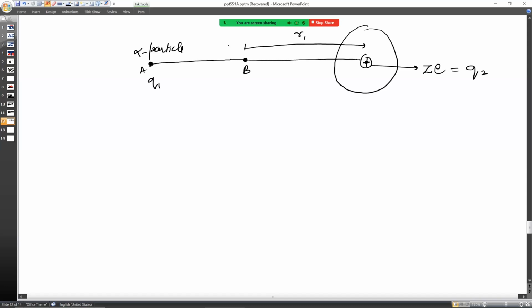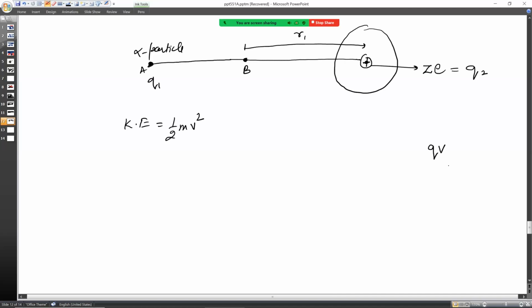Here, the kinetic energy of this alpha particle will be equal to half mv square, and energy has another formula also, that is qV, the charge into V. This is another formula for the energy of the electrons.